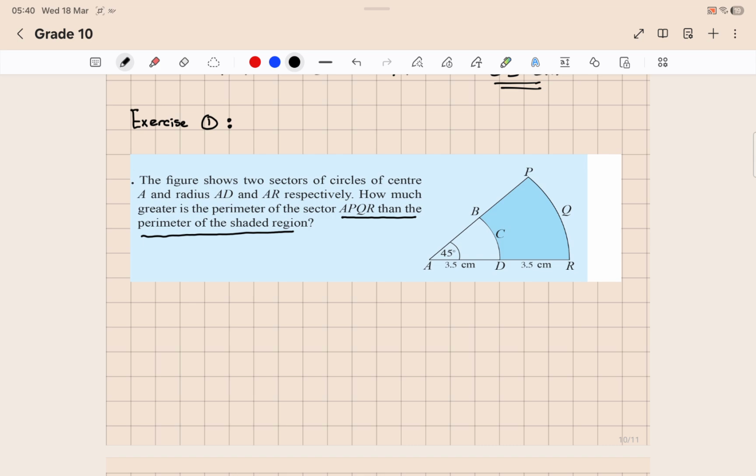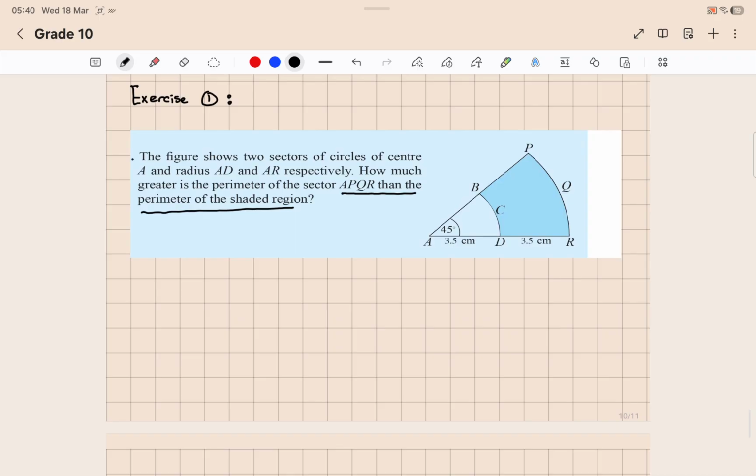Okay. So we'll first find the APQR perimeter before doing the shaded region. APQR perimeter is what?